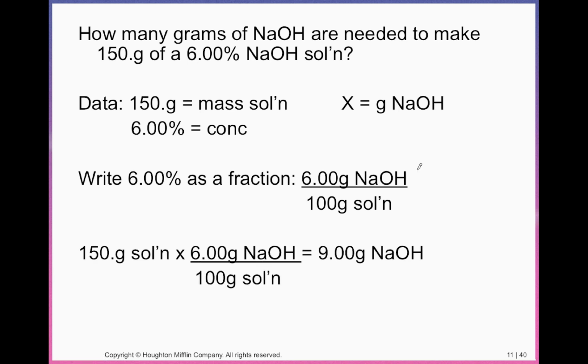And you notice that my grams of solution will just cancel right out. So it's very easy, but this is the key step right here, writing this thing as a fraction. So we're going to be doing that with all of these different problems that involve either percent, molarity, or molality.